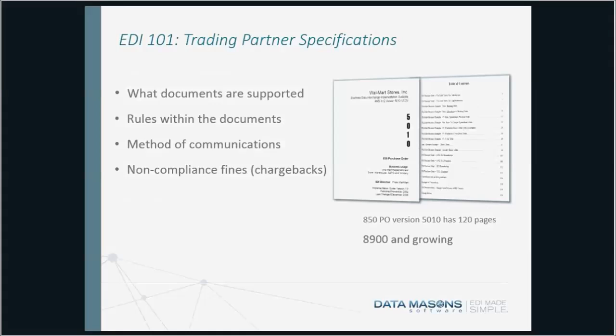You have services such as value-added networks, or VANs, that were very common years ago. We also have really seen over the last 10 years, and really with the advancement in the internet and security protocols, the notion of direct communication.